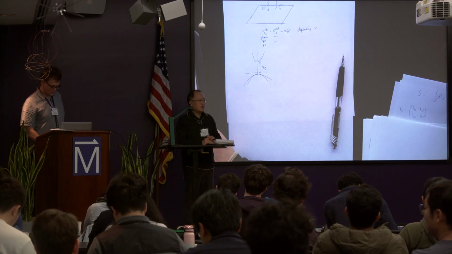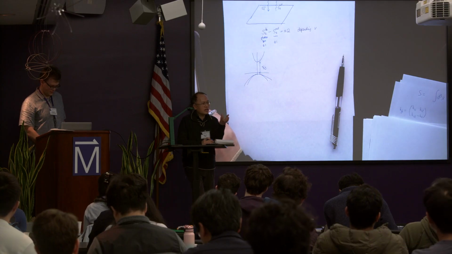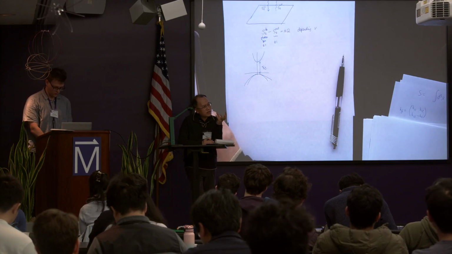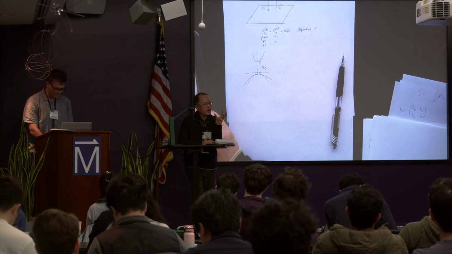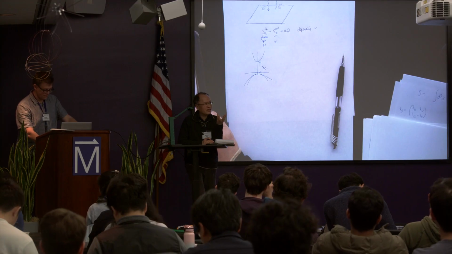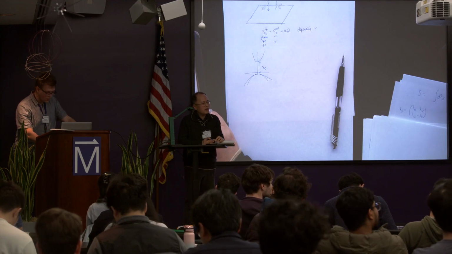If there is only discrete symmetry, then the angular momentum is not conserved. It's only conserved up to, say, 4 in the case of a square lattice, or 6.